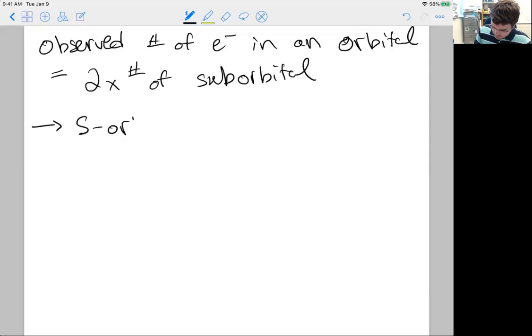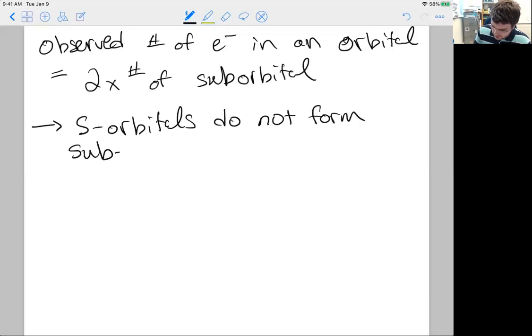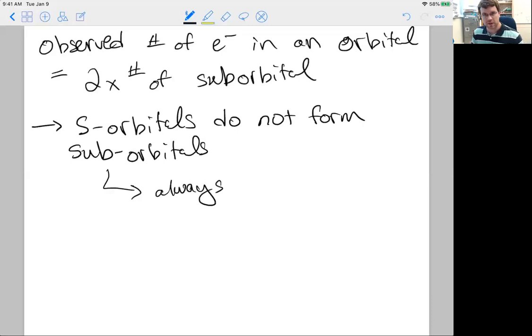S orbitals do not form suborbitals. So s orbitals always, whether you want to be really strict in your definition, you say 2 electrons, or if you want to say, okay, how many do we observe in this type of orbital, it's always 2.